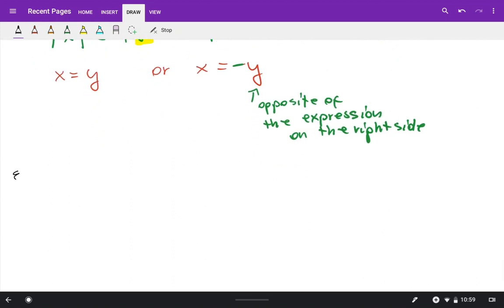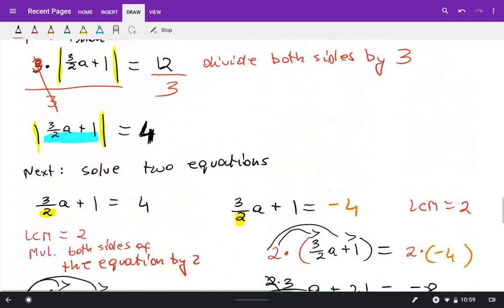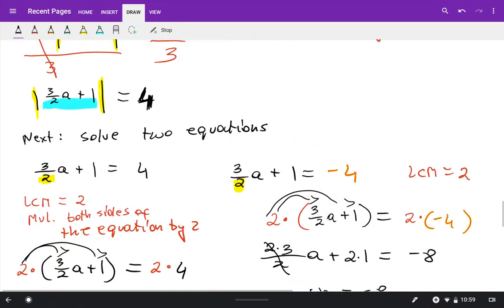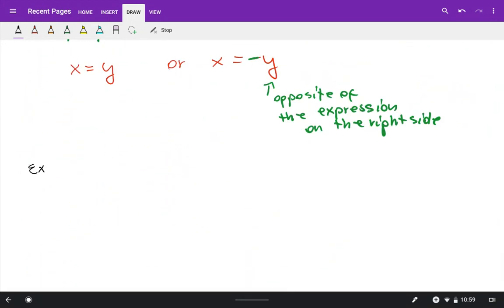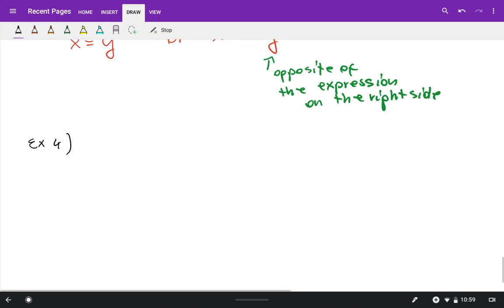Let's just do examples. I don't know which example this is. Here we had example 4, I guess. Okay, so solve the equations with two absolute values.